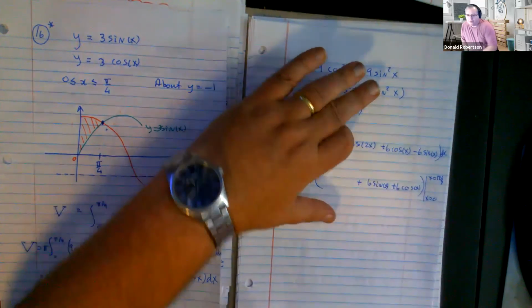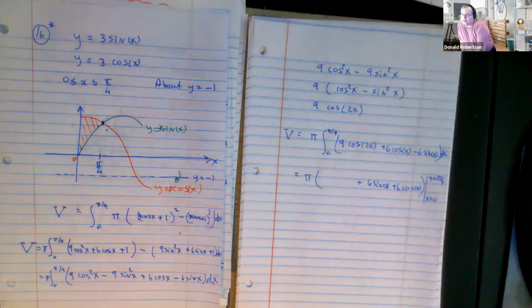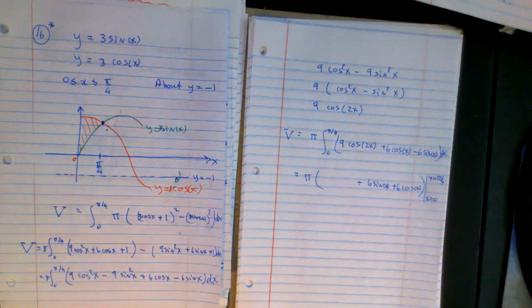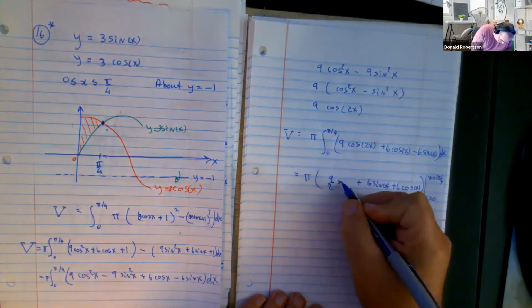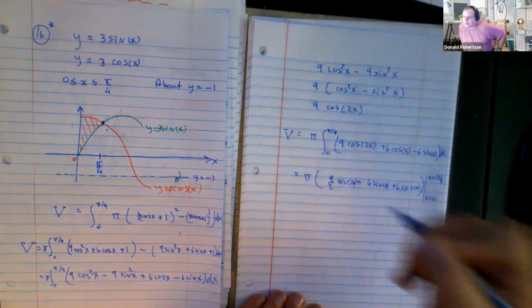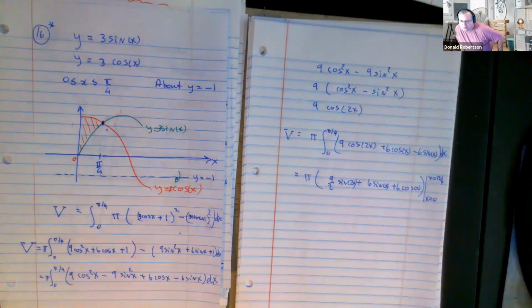How would you do 9 cosine of 2x? How would you find the integral of that guy? You'd have to use u substitution. And if you did use substitution, can you just trust me? Because I don't want you to have to go through the lines of working. You end up with that. You can also do what's called a linear shortcut method.